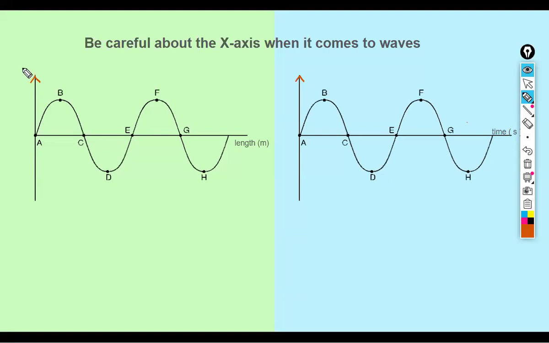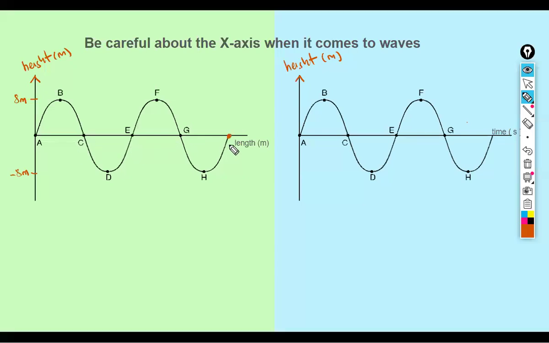So let's say over here is the height of the wave. So height, and it's going to be in meters. So we're measuring the height in meters. Let's say here is 8 meters and below here is minus 8 meters. Right? I'm going to put some measurements here.